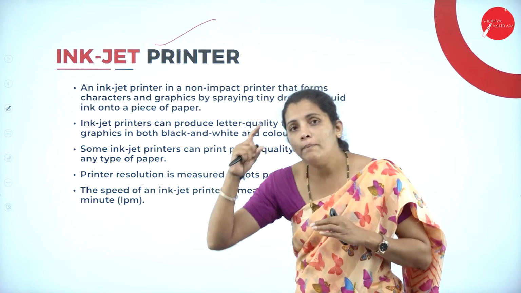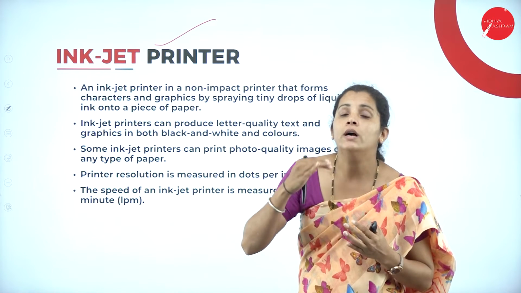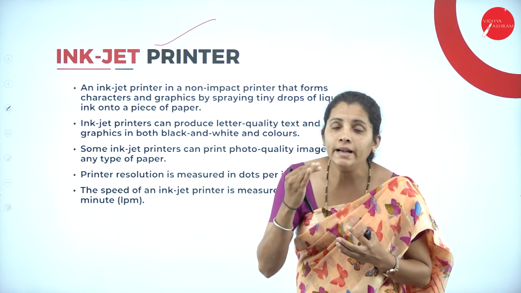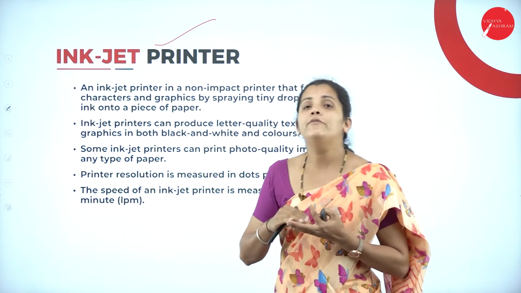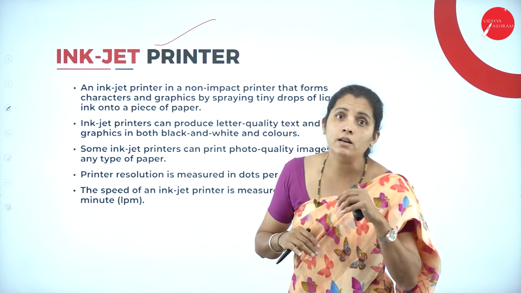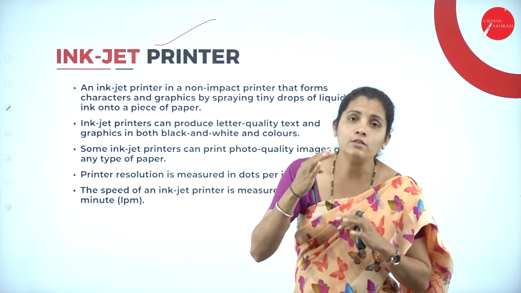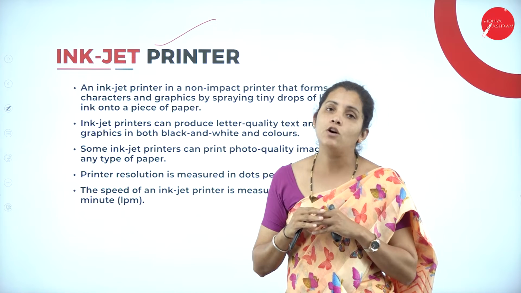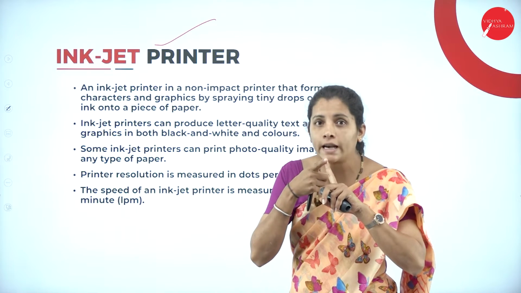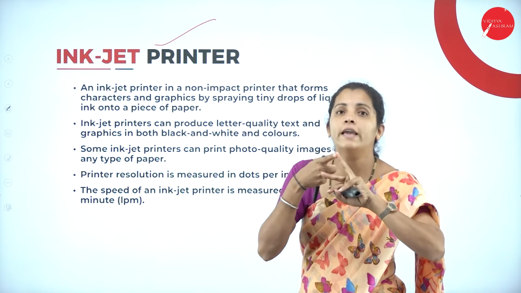So, for black color, one nozzle is okay. Suppose you want a color printout. Then along with the black nozzle, you get another three nozzles: one for cyan, one for magenta, and one for yellow.